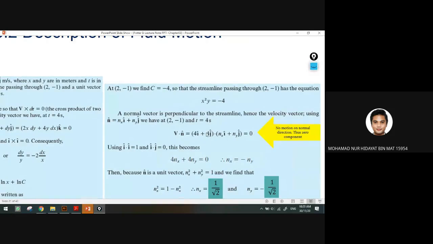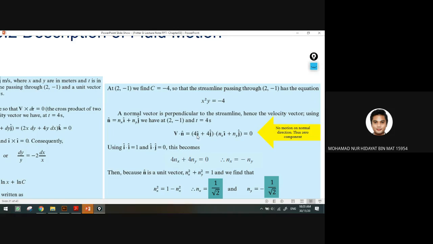So you substitute the values. Dot product with the normal vector's x component and y component, i and j. Remember, when you use the dot product, in the same direction it is equal to 1. However, when it is in a different direction, whether i dot j or j dot i, it is equal to 0.